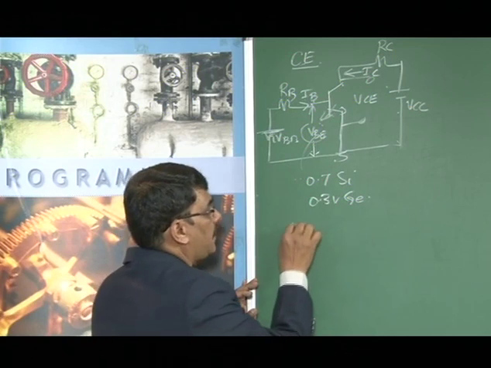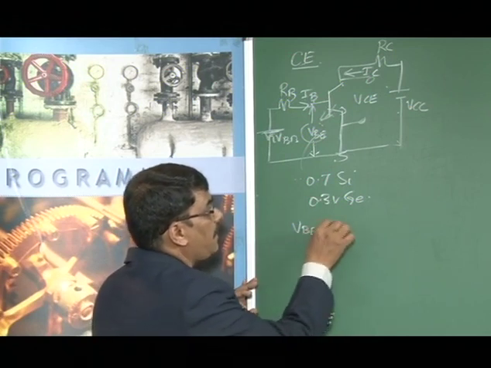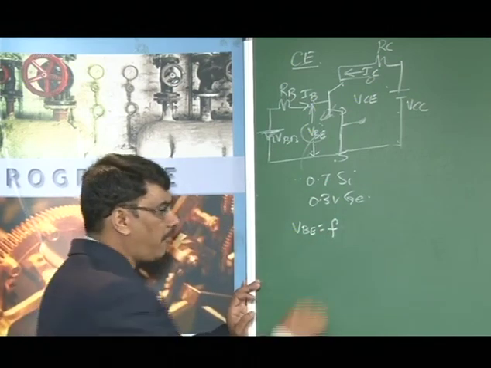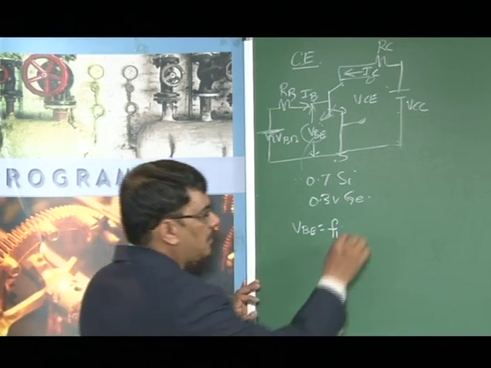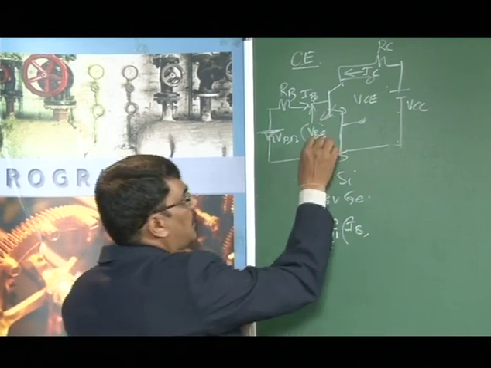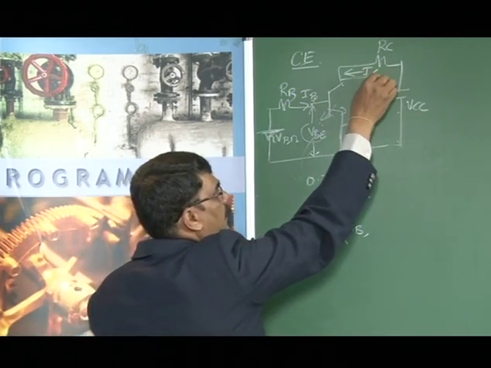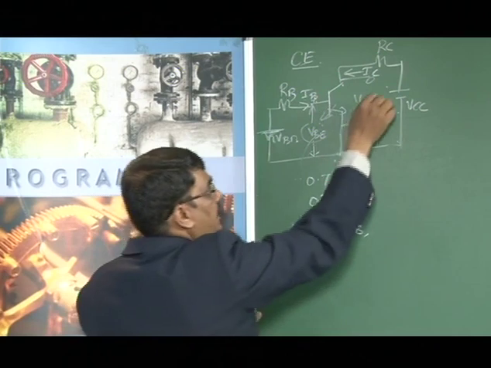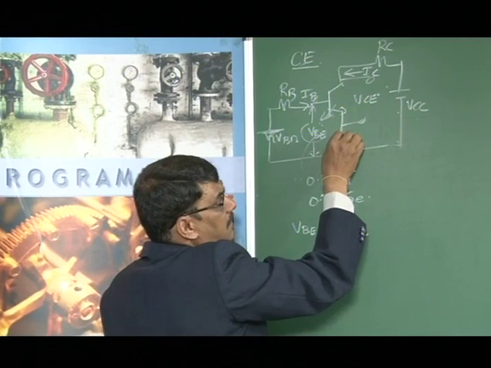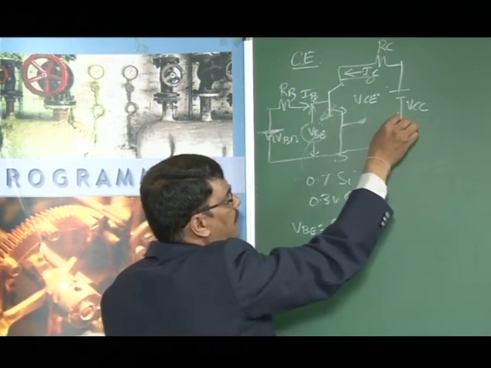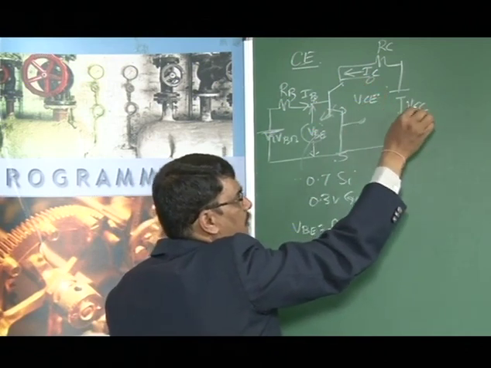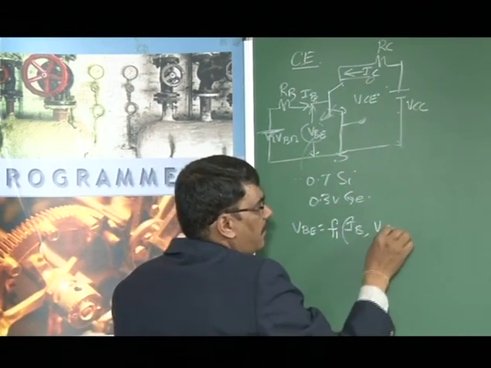Then we define VBE in the input characteristics as some function of the input current IB. In this case, from the previous discussions we know that the collector current depends on the base current. Hence, VC is the independent parameter. Means when VCC varies, because the base collector junction is reverse biased, the drop across the junction is proportional to the VCC, so VC is an independent parameter.